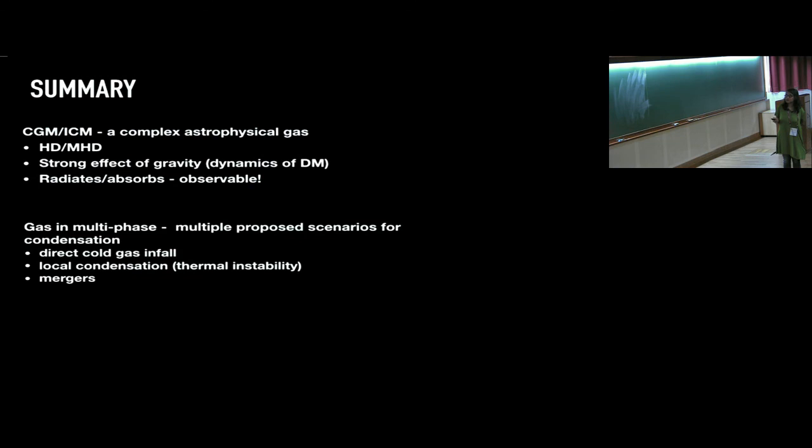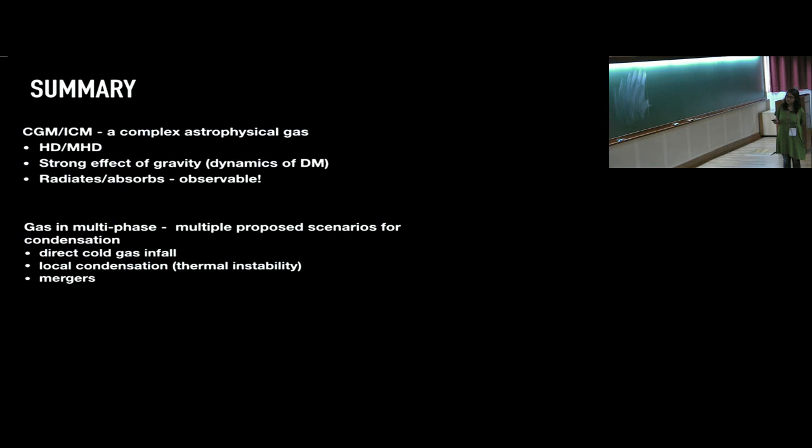So gas also comes in multiple temperature ranges, and there are several scenarios to explain how this cold phase comes up, because the underlying gas should be hot. So I primarily worked on this. There are other scenarios.